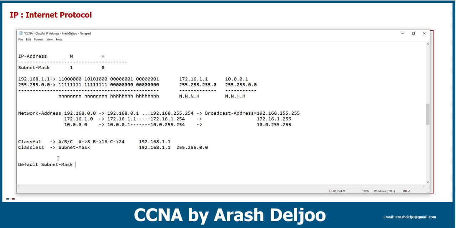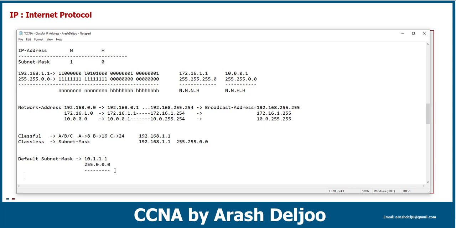The default subnet mask. When you are using, for example, the address 10.1.1.1 with the subnet mask 255.0.0.0, the same concept as classful networks, you know that 10.1.1.1 is one of the IP addresses of class A. When in classless networks we use 255.0.0.0, this means that the first 8 bits of this IP address are the network bits, and the second, third, and fourth octets are the host bits.